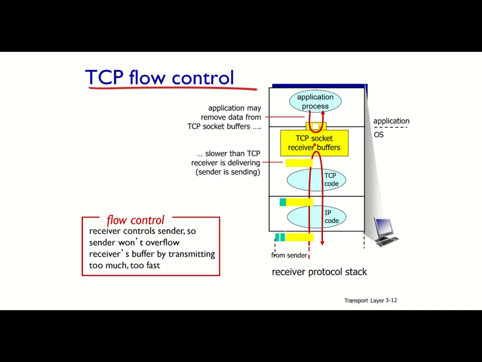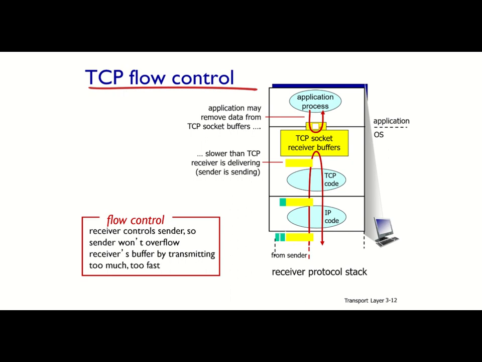So here we have the TCP socket, and the socket on the receiving side has some buffer. This buffer stores information as it is received from the 4th layer, and then it simply delivers those data to the application process.